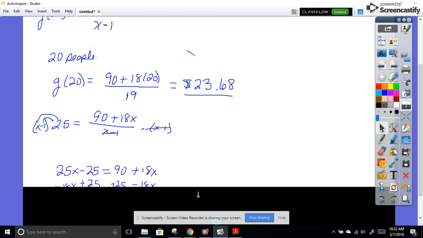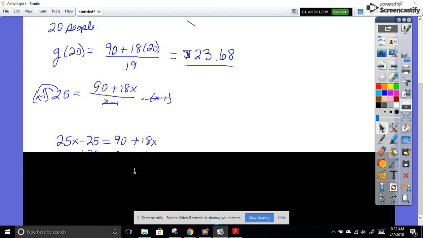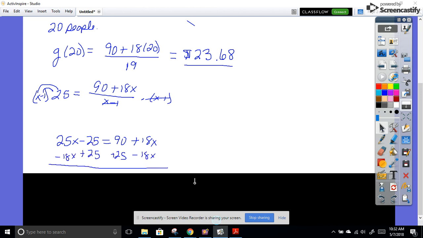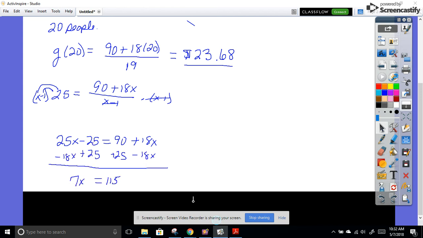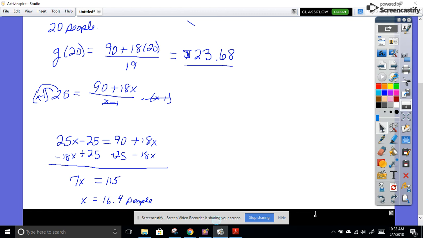You get 25x minus 25. On the other side, the x minus 1 cancels out, so 90 plus 18x. Get the x's together by subtracting 18x, and get the constants together by adding 25. That gives you 7x equals 115, which divides out to be about 16.44 people.